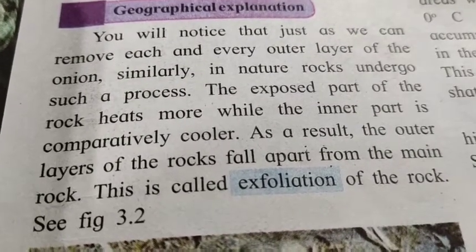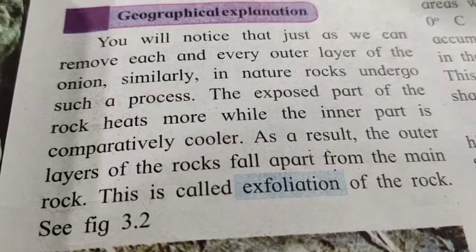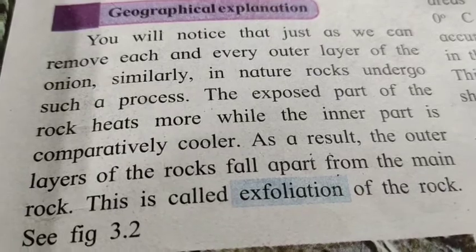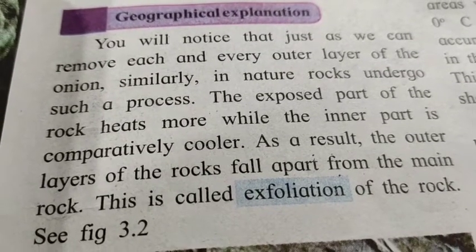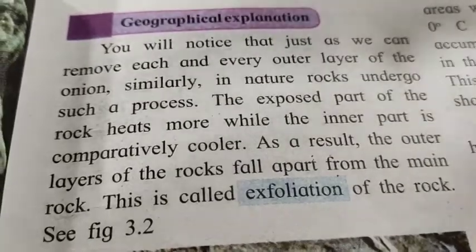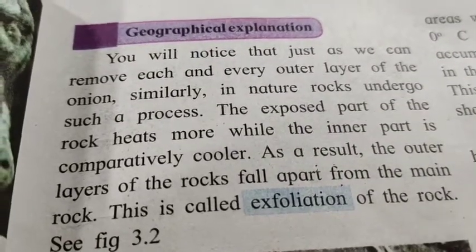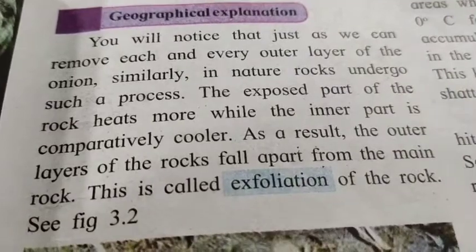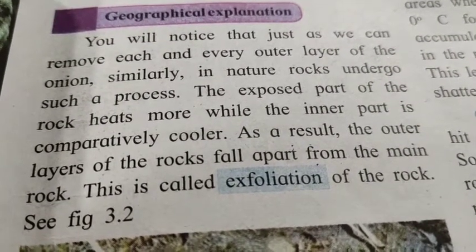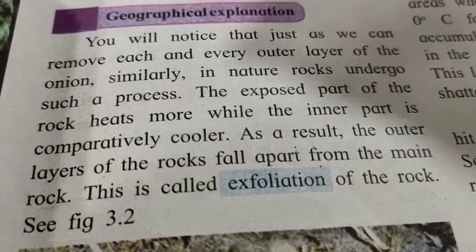So the exposed part of the rocks, that is the part that is open to the sun, to the air. The exposed part of the rock heats more while the inner part is comparatively cooler.